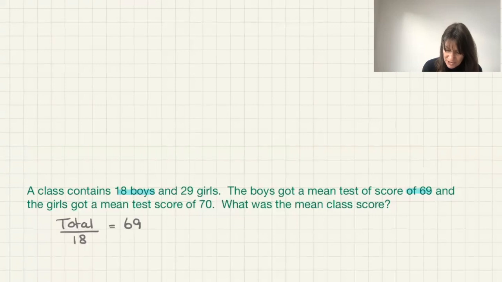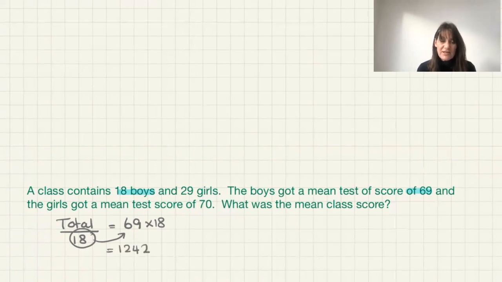That means there was a total that when it got divided by 18, it gave the result of 69. So this is exactly what we were just doing. I want to know what that total is. So I'm going to get that 18. It's going to times by 18, and that is going to give me 1,242. So that was the total.